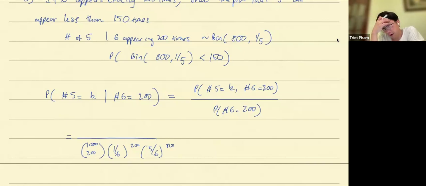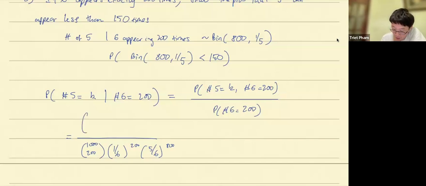If you roll a fair dice 1,000 times, what's the probability that, let's say, 5 shows up 100 times, 6 shows up 300 times, 4 shows up so many times? Here we're only focusing on 5, 6, and not 5 or 6. It's like a trinomial, if you will.